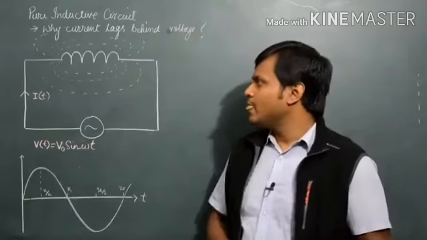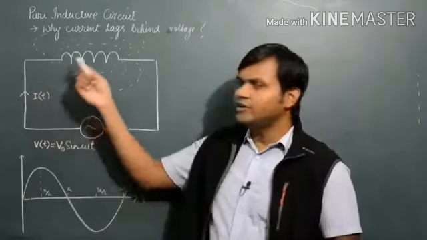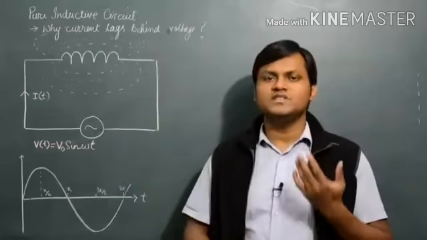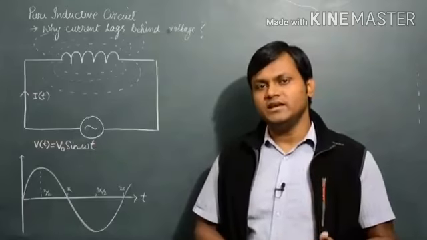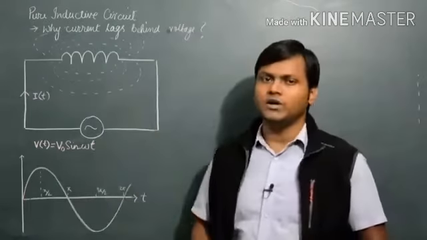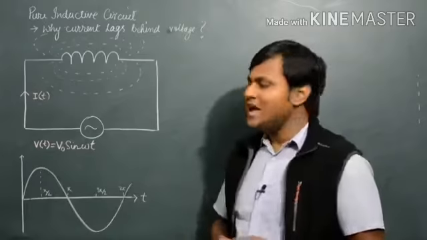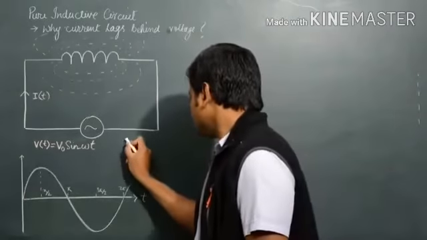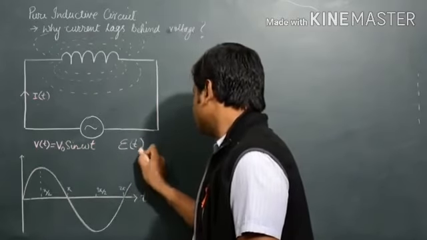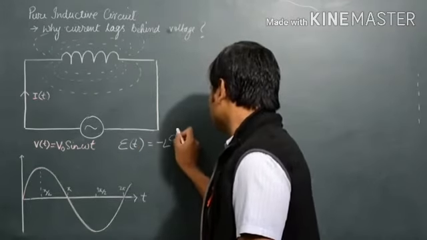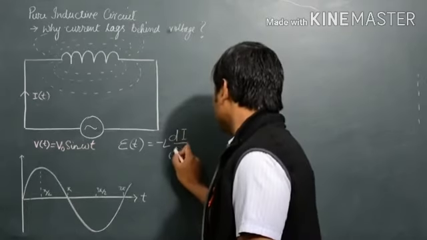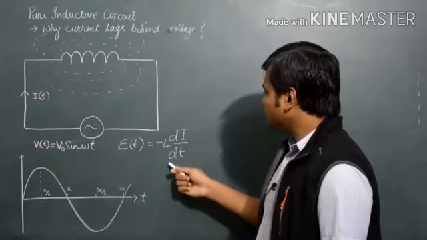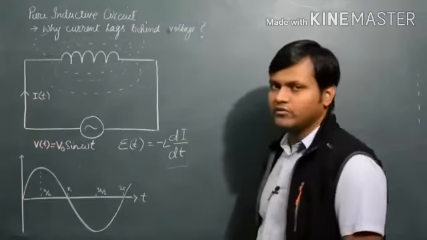It means that every time the current is either trying to increase or decrease, this magnetic flux opposes the change in the current by generating a secondary EMF through this coil. And this induced EMF in the inductor is given by E = -L di/dt. So the induced EMF is directly proportional to the rate of change of current with respect to time.